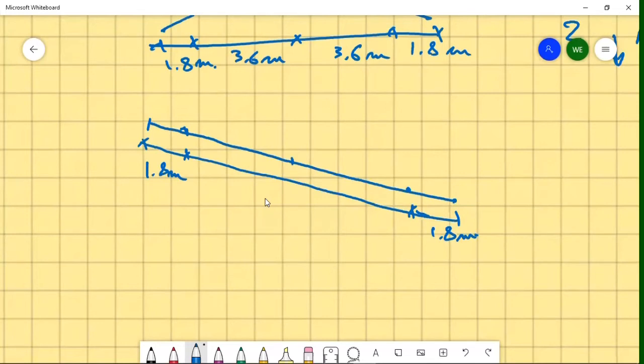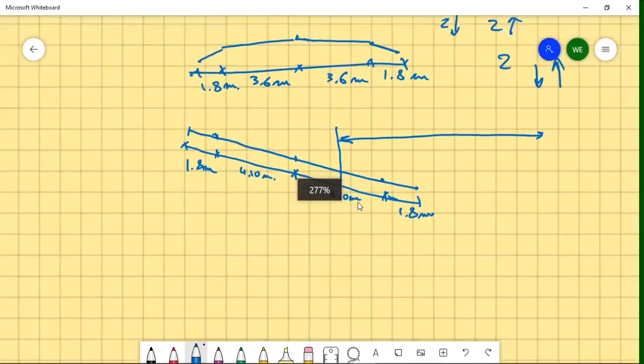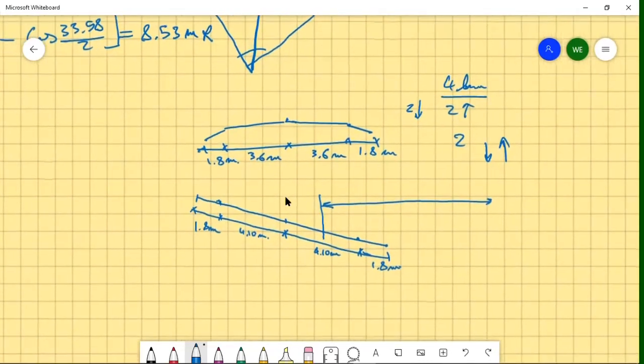صحيح. اوكي. هنا ده 4.10 meters. Okay, so we calculate from the center. We calculate the offset from the center and we calculate this way. So we need to have this offset clear, which was I think 8 meters that we calculated, 8.53.